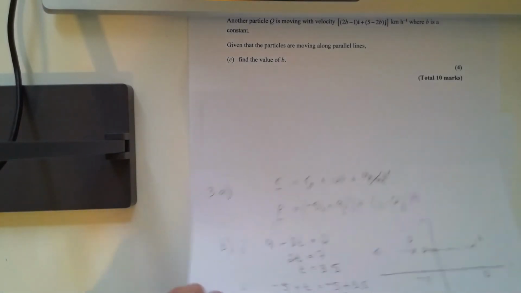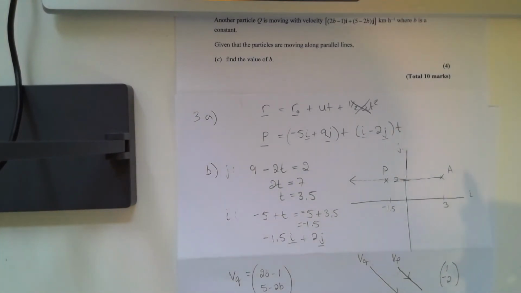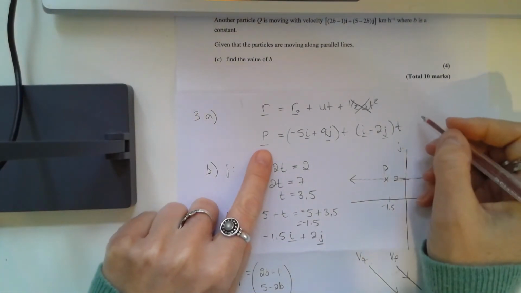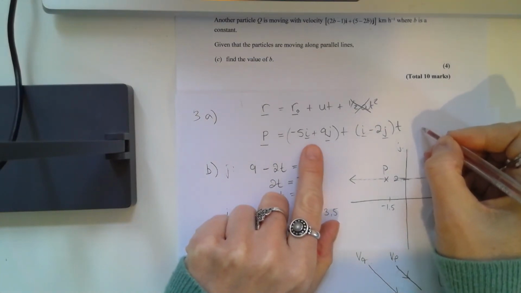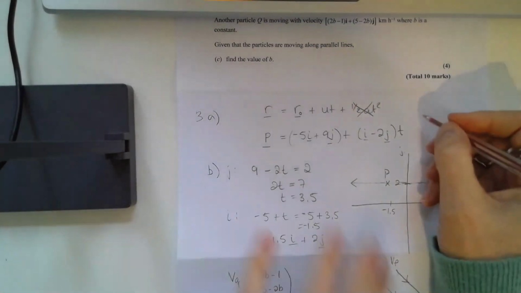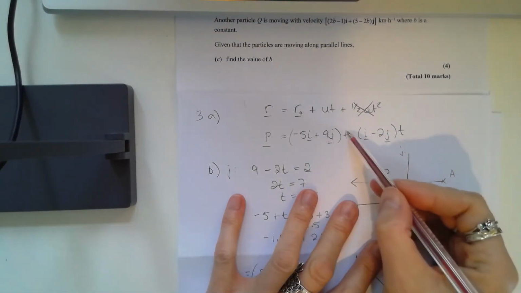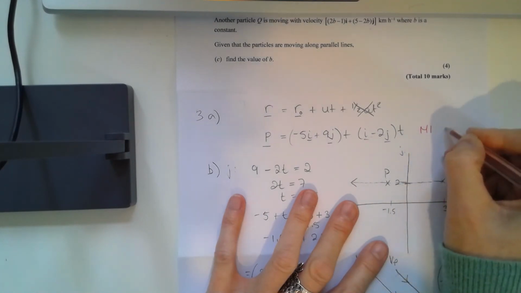Marks wise, for part A, one method mark for setting up an equation. Here's the mark scheme. Right, a method mark for setting up an equation, even if some of the terms are incorrect, but they must be added together here, and then an accuracy mark for all correct.